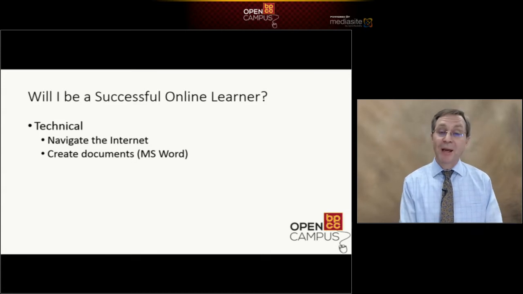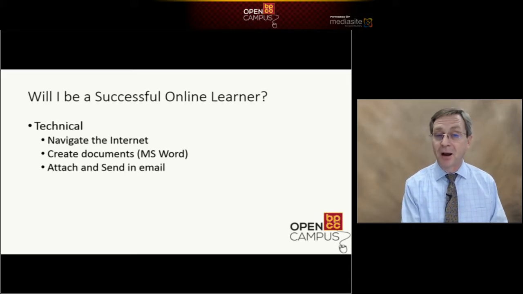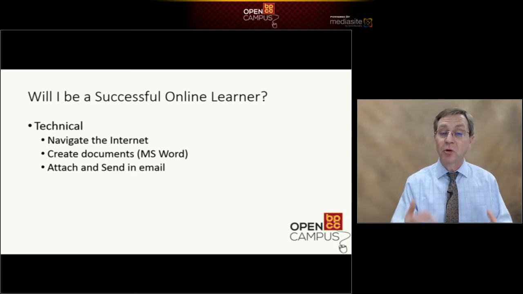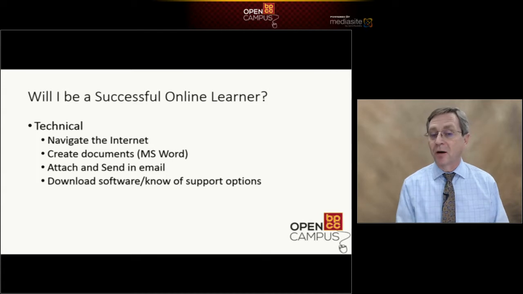You need to be able to create a document, such as a Microsoft Word document. And you must be able to save that document so that you can access it and attach it either to email or to a feature within the course to submit to your instructor. You need to be able to download software.